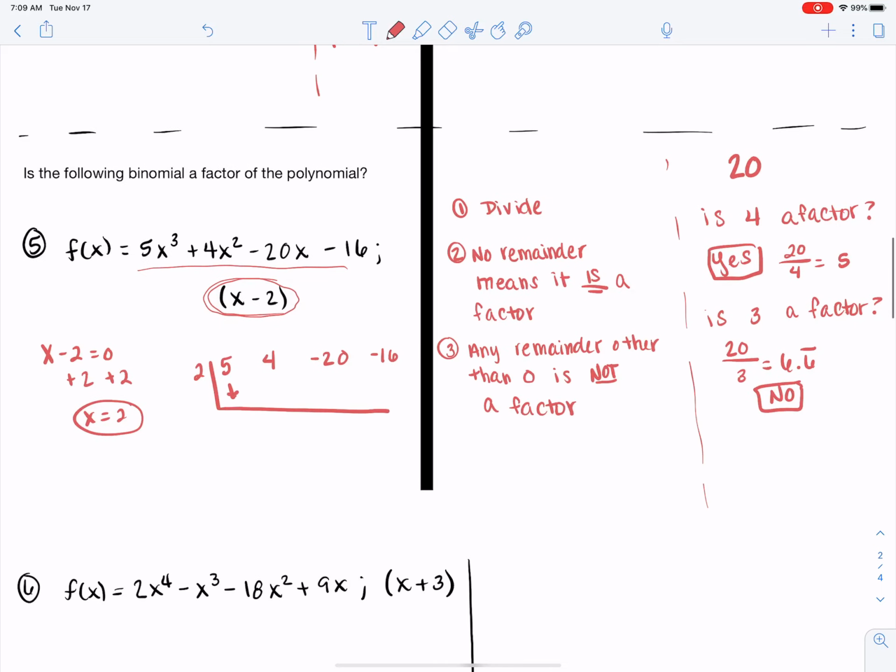Carry the 5. 5 times 2 is 10. 14 times 2 is 28. Negative 20 plus 28 is 8. 8 times 2 is 16. Negative 16 plus 16 is 0. If it's 0, that means you have no remainder. So yes, x minus 2 is a factor.